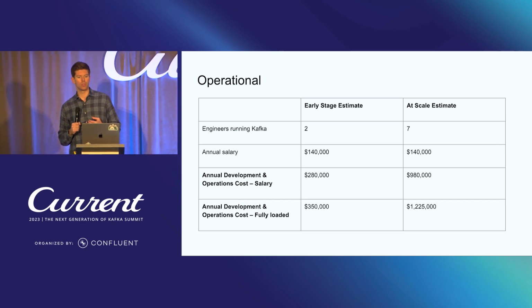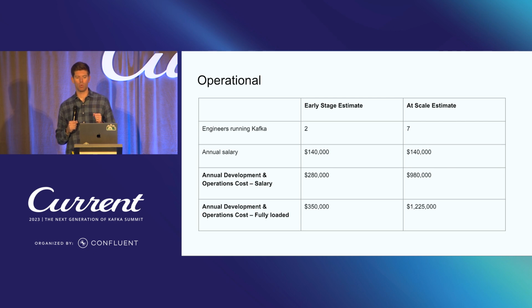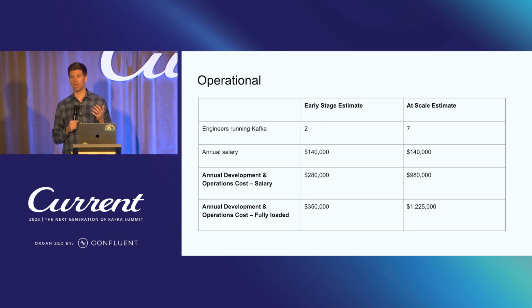Now, there are 2 deployments. One is kind of an early stage, and then maybe an at-scale stage cluster. And I'll go through a little bit more about how I'm deciding on what those are. But the assumptions I'm going to make are maybe 2 engineers to run an early stage cluster, maybe 7 for an at scale one, which I think is a generous number to keep an at scale Kafka cluster up and running.